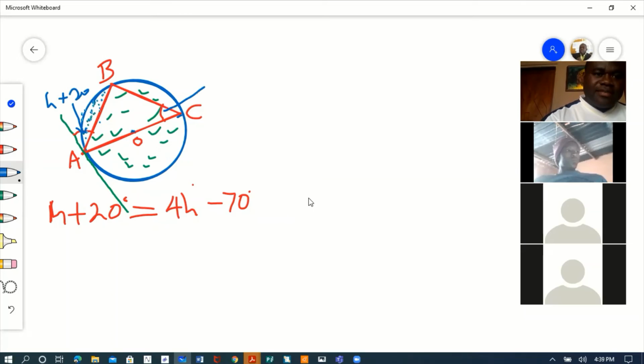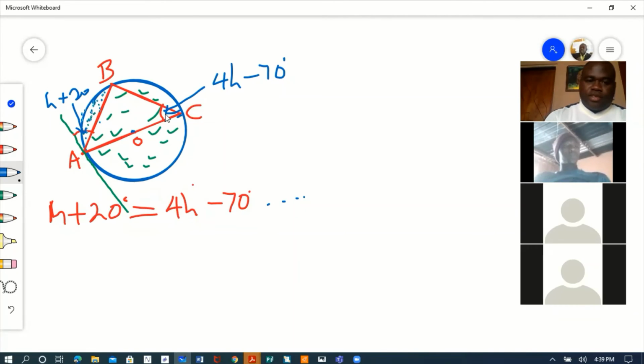This angle here is 4H minus 70. So what is the reason? Why are they equal? Why is this equal to this? Tan chord. Thank you. The reason is tan chord.